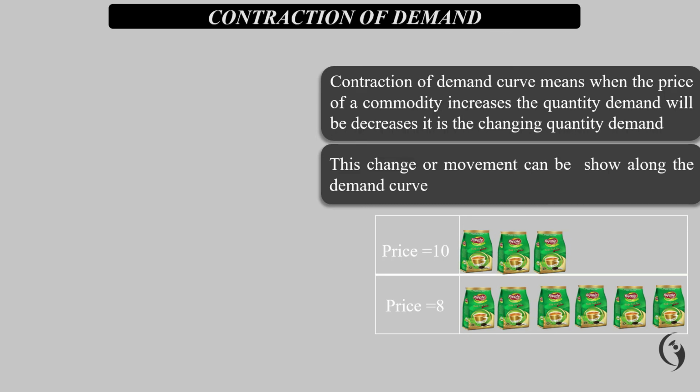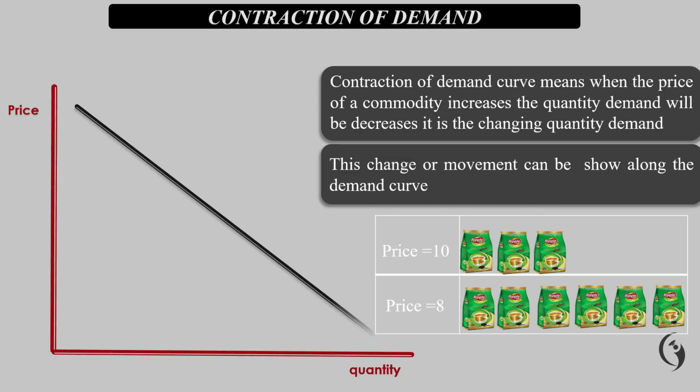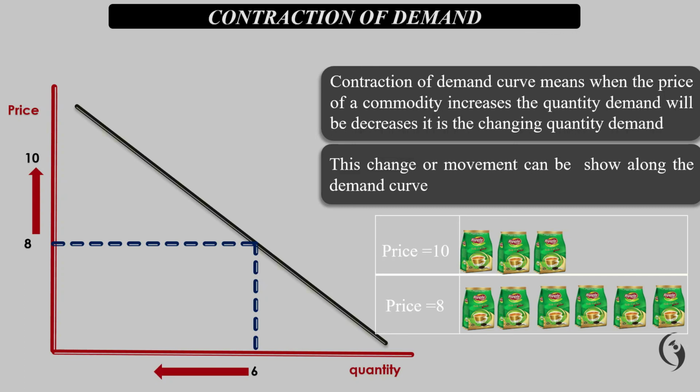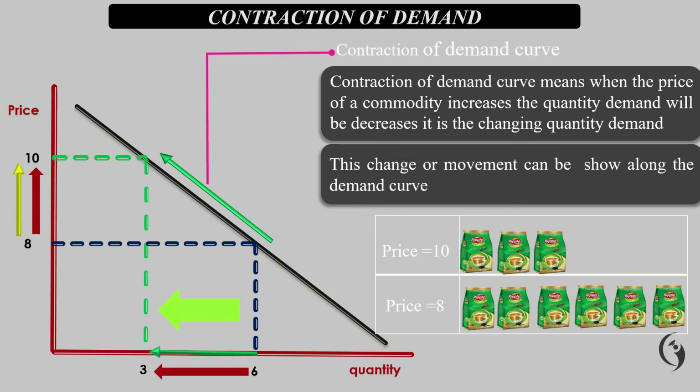It is the change in quantity demanded. At the price of 8, the quantity was 6; the price rises from 8 to 10, and now the quantity demanded decreases from 6 to 3. So here it shows contraction of demand.